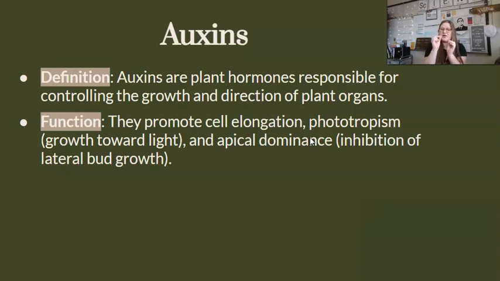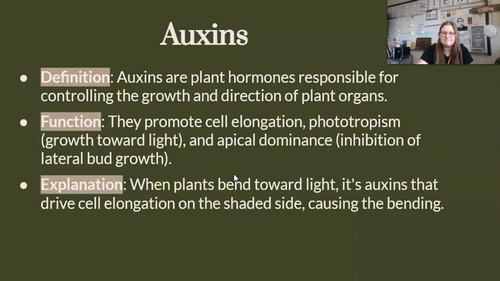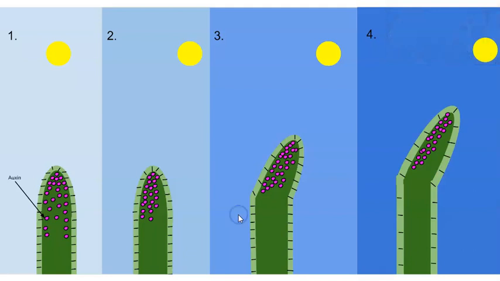They help elongate cells, which we'll look at in the next slide, that helps to curve a plant, and usually it's to help curve a plant towards light. So when plants bend towards light, it's auxins that drive cell elongation on the shaded side, which causes the bending. If the sun is right above that plant, the little circles here are the auxins, so they're going to focus right here and grow up towards the sun.